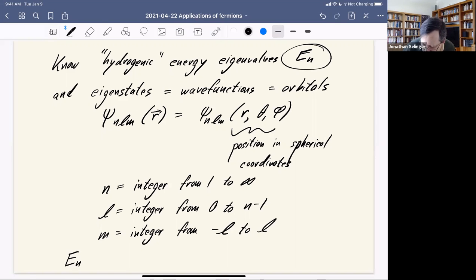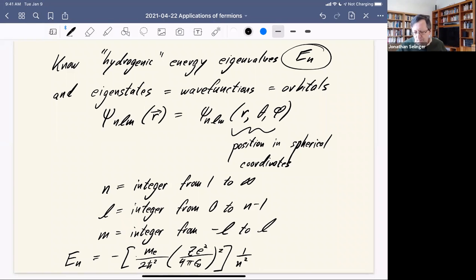So E sub n is negative, and we have this combination that you remember: mass of electron over 2 h bar squared, times Z e squared over 4 pi epsilon naught, all squared, times 1 over n squared.